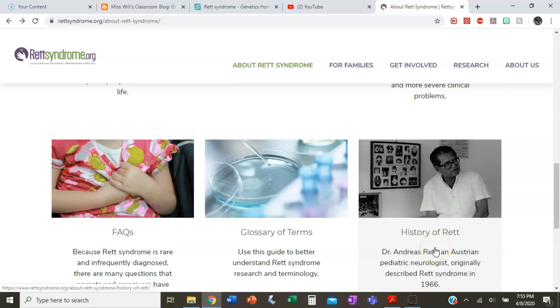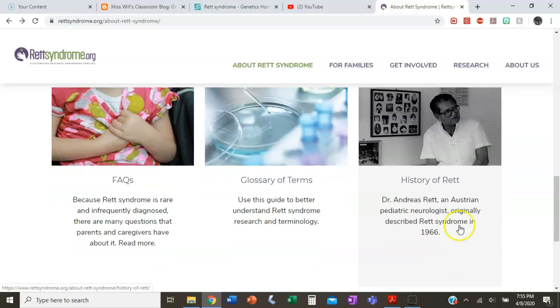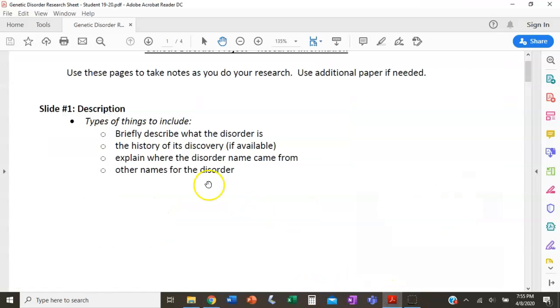So you may have to explore some different websites in order to find the history. If I click on that, I'll find out about how it got named and what its history is. So that would help us with both the history and also explaining where the name came from.